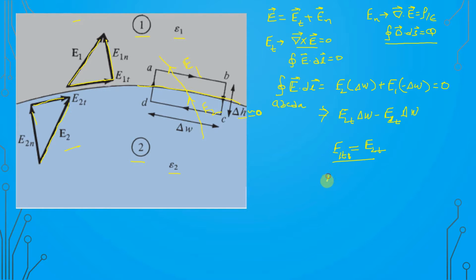Okay, so I am writing it again, some misprint is here. E1t is equal to E2t. So you can write here like that.